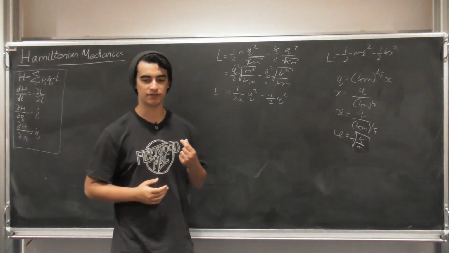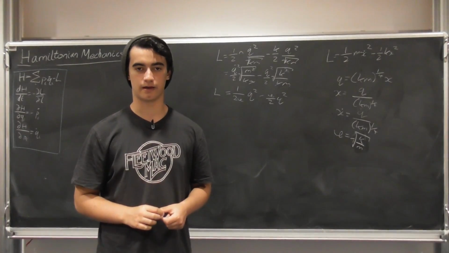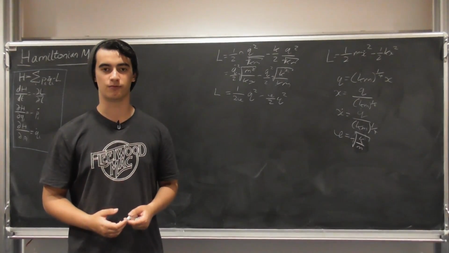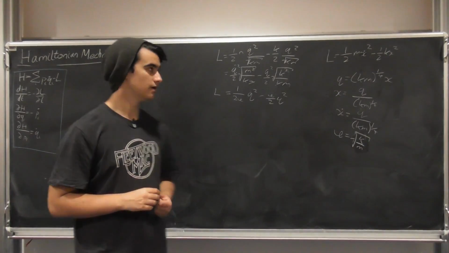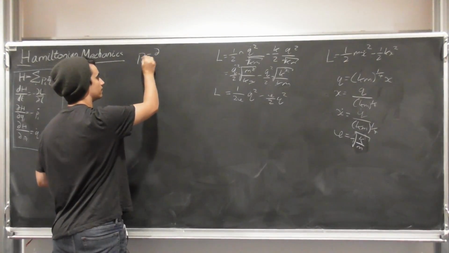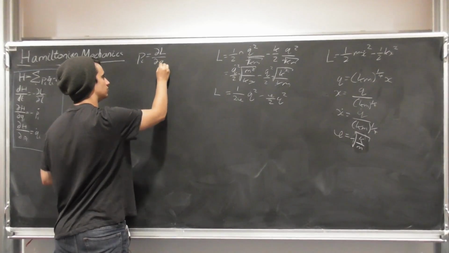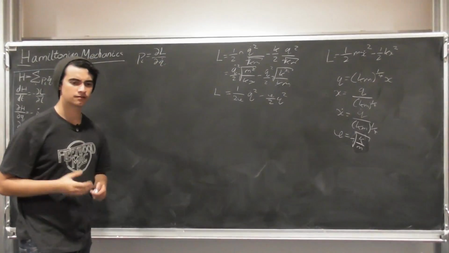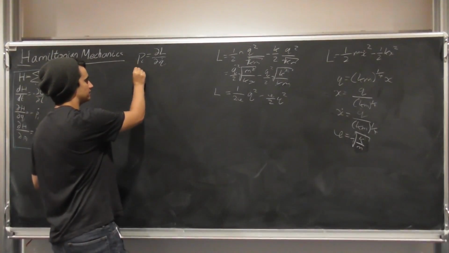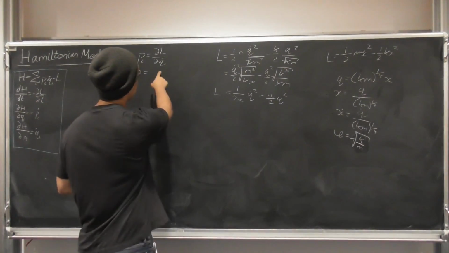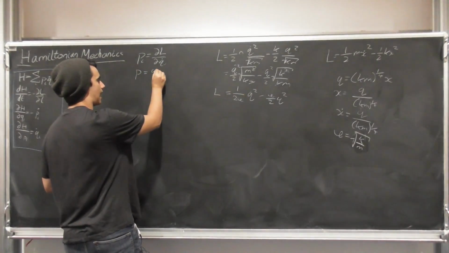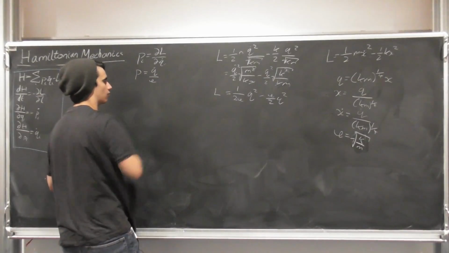If we remember, we defined p to be the conjugate momentum of some q, which meant that we would define p sub i as dL over dq sub i dot. Right? So this is how we define our momentum. So now we have this, we can say that our momentum is going to be, well, where do we see q dot? We see it here, so we'll bring it down, and we'll realize that this means that our momentum is q dot over omega.